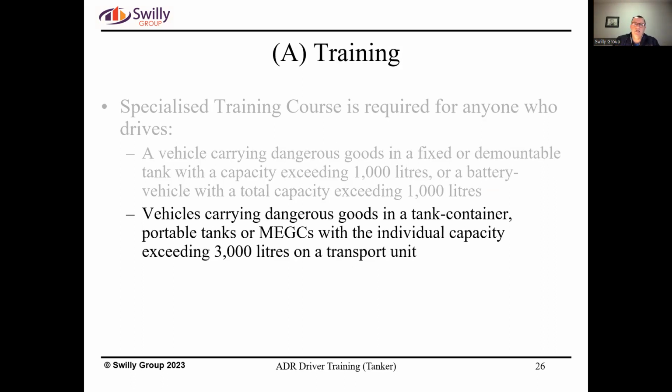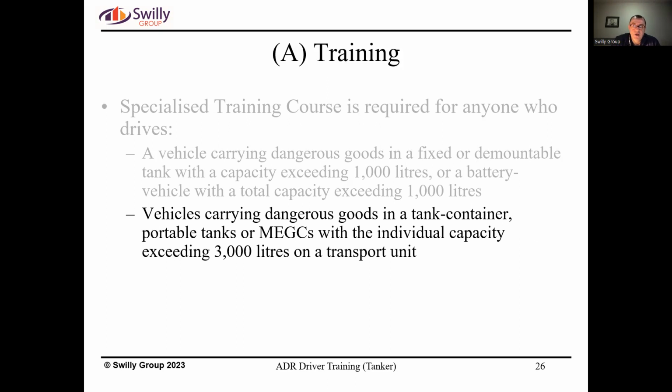Tank containers then, and the cutoff point for the tank containers, if you have an individual capacity of any tank container exceeding 3,000 liters, then you need to have your ADR tanker specialization. Now, remember, it's important that you note that it's the individual capacity exceeding 3,000 liters.